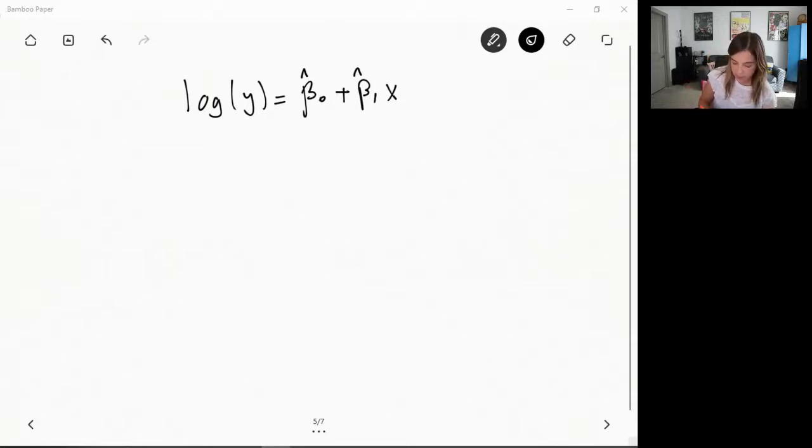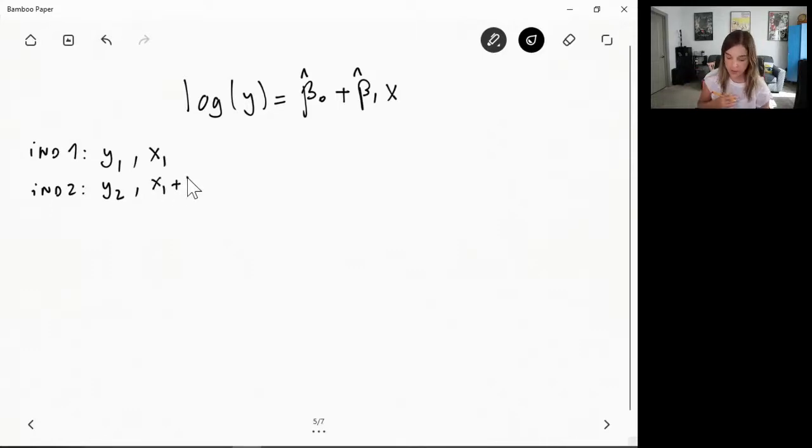So let's start by thinking about two individuals. Imagine that individual 1 has an outcome of y1 and a covariate of value x1. It doesn't really matter what those levels are. Then individual 2 has an outcome y2, which again we don't know, and a covariate that is just 1 unit larger than individual 1's. So their covariate is x1 plus 1.